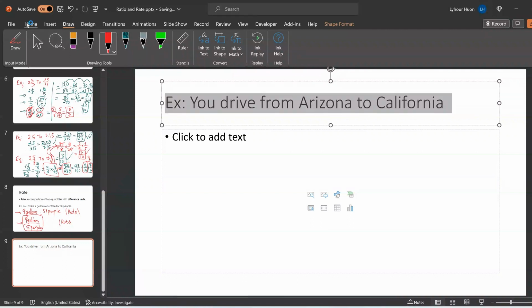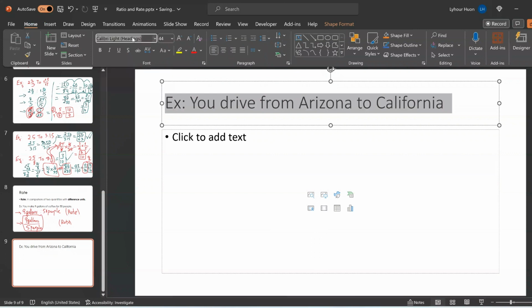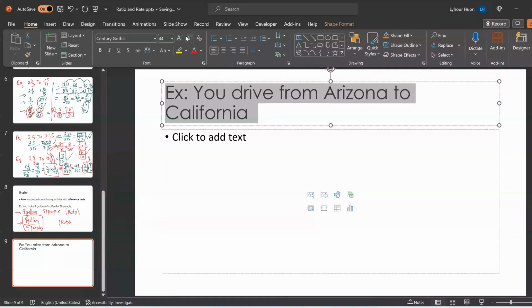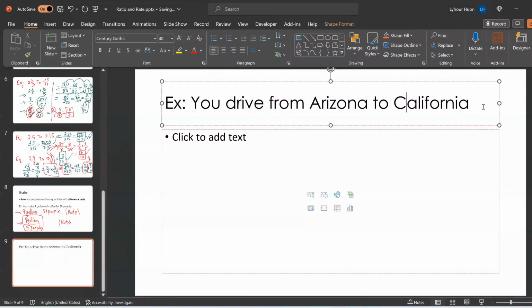Just 200 miles, 300 miles. Look it up, because I actually don't know. Distance means how far from Arizona to California, the state line. In kilometers or miles? I think in America we use miles.